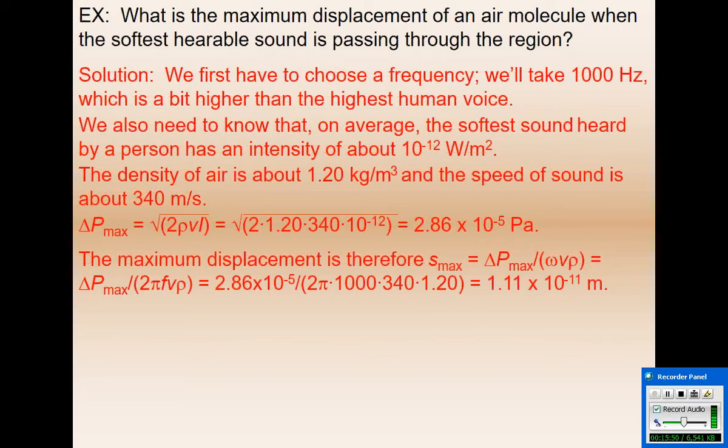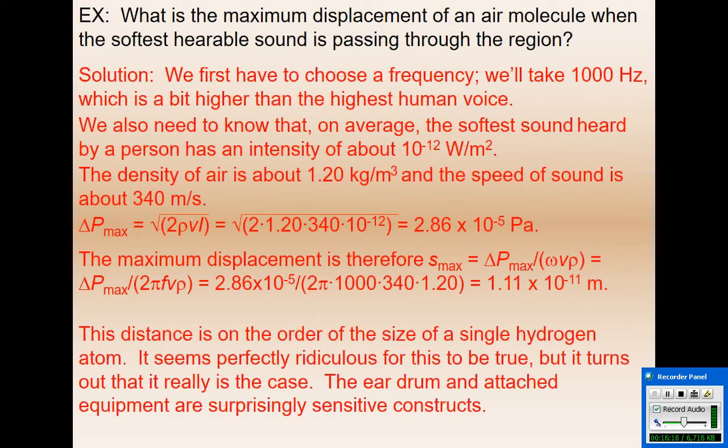We were given f, 1,000 hertz, so 2 pi f gives me omega. V is 340. Rho, we picked 1.20. Those are in standard units. Plug in the numbers, and we get that S max, the maximum oscillation of the air molecule from its equilibrium position, is 1.11 times 10 to the negative 11 meters.